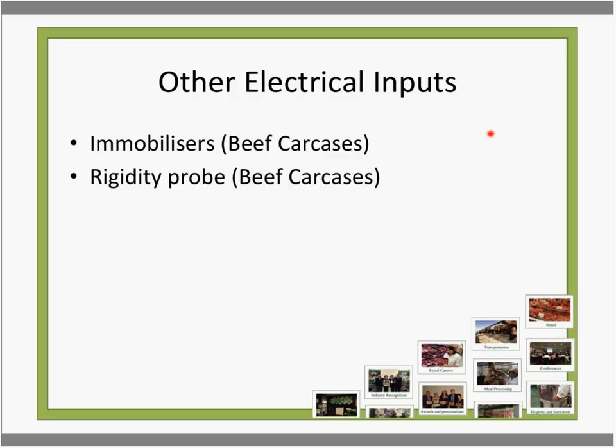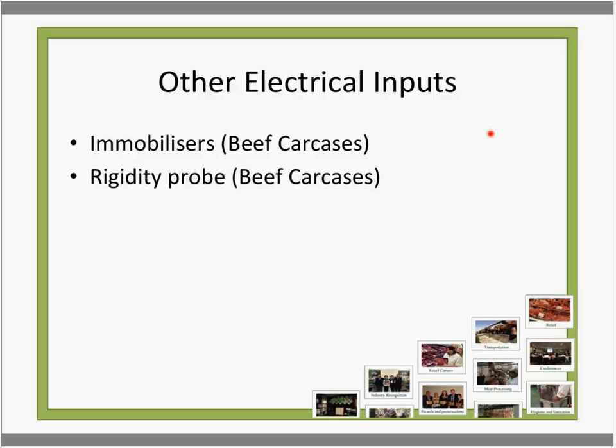The forms of electrical stimulation or electrical input that we use in the processing plants: you use it on your cradle straight after stunning to prevent those animals that do a lot of involuntary kicking action. Because that is straight after stunning, you get a fairly rapid decline in pH.